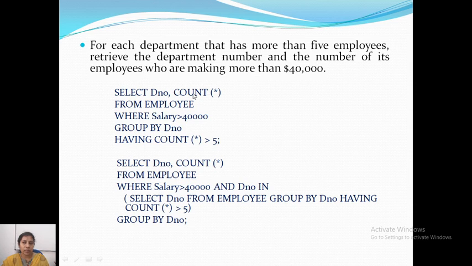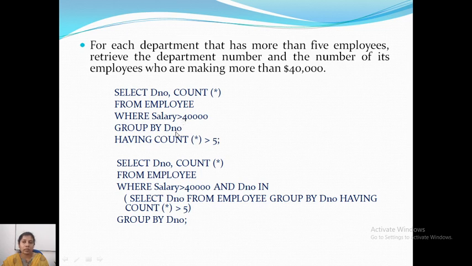Now in this query what happens is, usually the execution will take place in this order. First it will execute the from clause. So it will take the employee relation and then it will apply the condition on the employee relation. So only those tuples will be there which satisfy this condition.